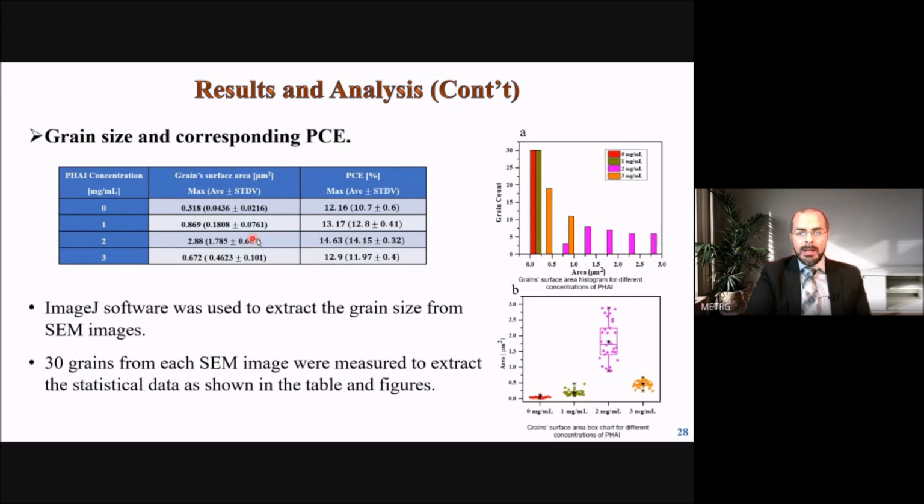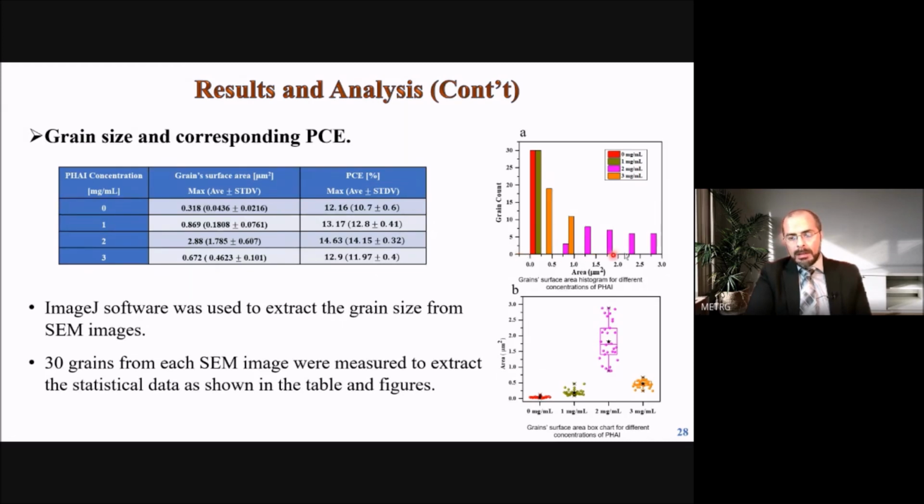We mentioned that the optimal condition is 2 milligrams per milliliter, which has the highest surface area, 2.88 micrometers squared, and the highest efficiency, 14.63%.